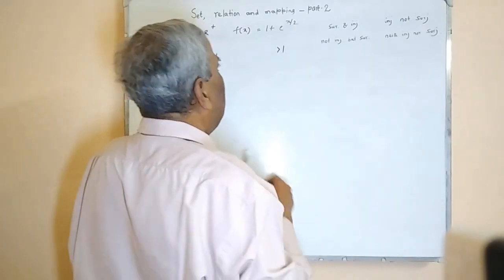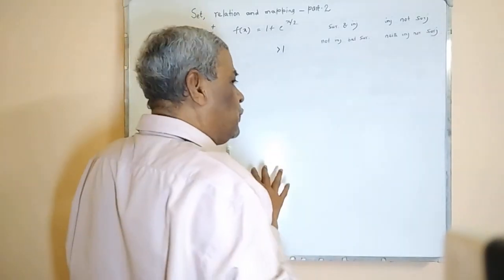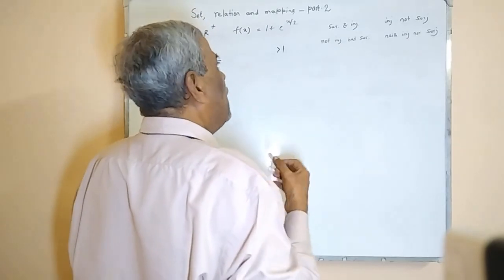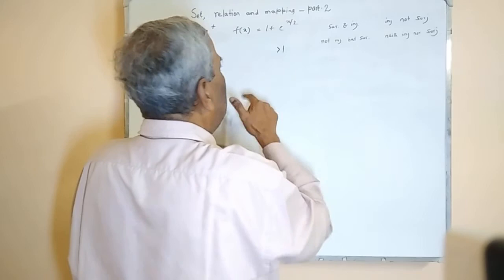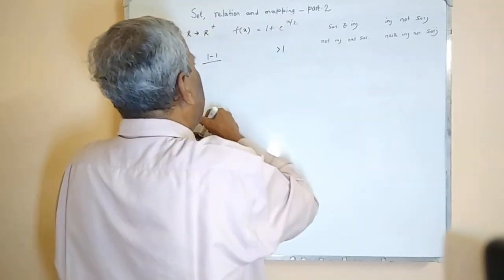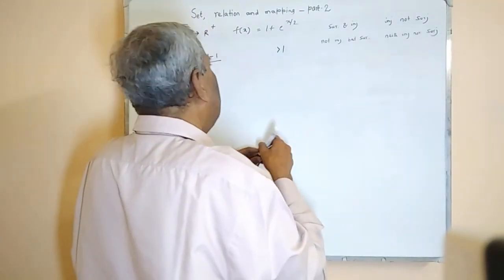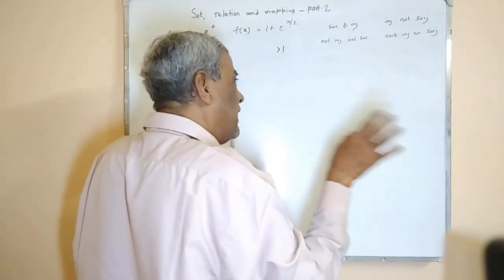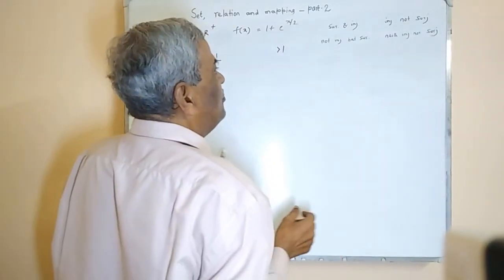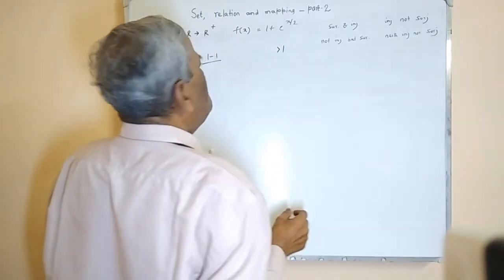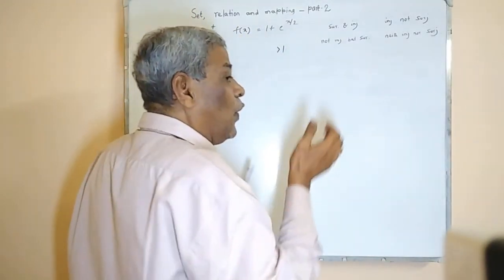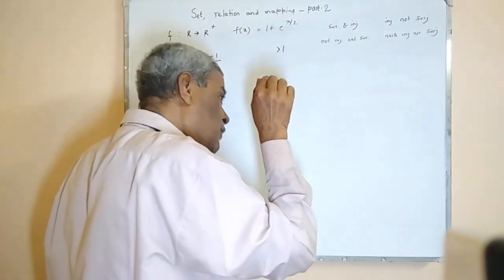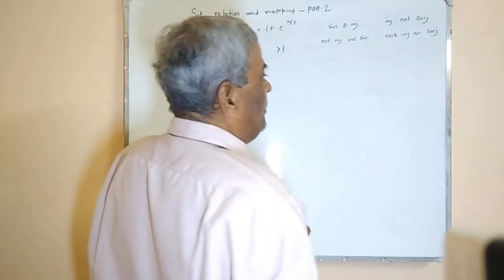So very clearly, the function has no image point between 0 and 1. All such infinite number of points in R plus between 0 and 1 have no pre-image. So this is not an onto mapping, that is, it is an into mapping.